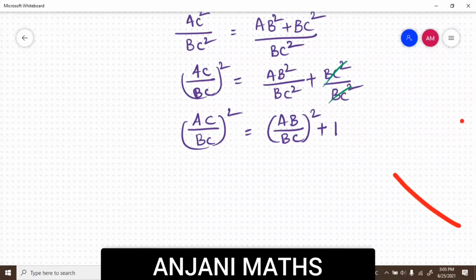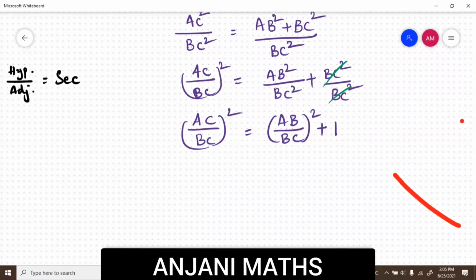We have to write the equivalent trigonometric ratio for AC by BC. What is AC? It's nothing but hypotenuse. What is BC? BC is adjacent side. Hypotenuse by adjacent is nothing but secant.